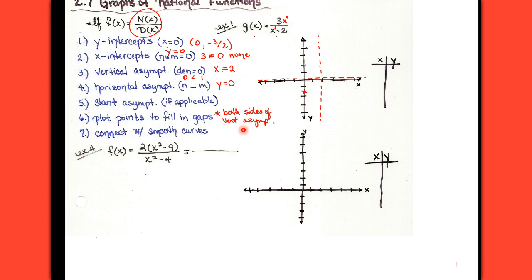What's really frustrating is when you go through all of these steps and all of this work and you only fill in the graph on this side and you forget to come over here and fill in the graph on this side, and you lose half the points on the whole problem because you only graphed half the thing. Okay? So be sure that you graph on both sides of a vertical asymptote.